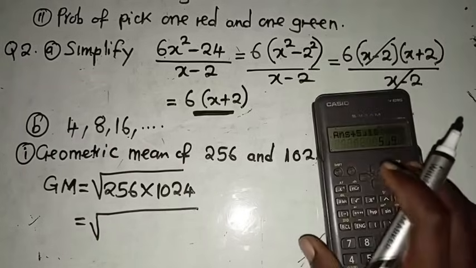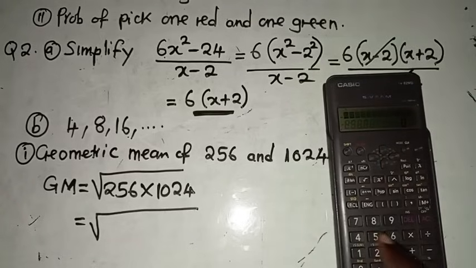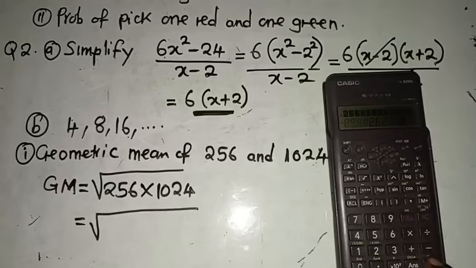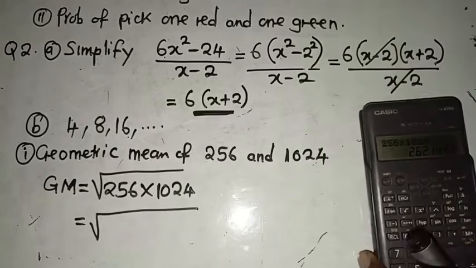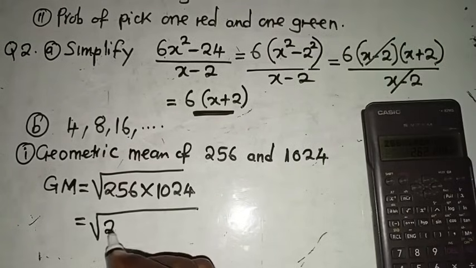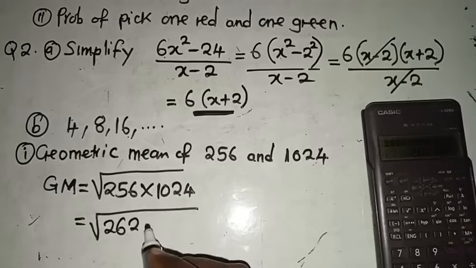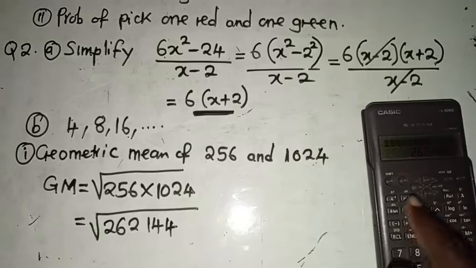Get our calculator here. 256 times 1024 gives 262144. Then the square root of that answer is 512.